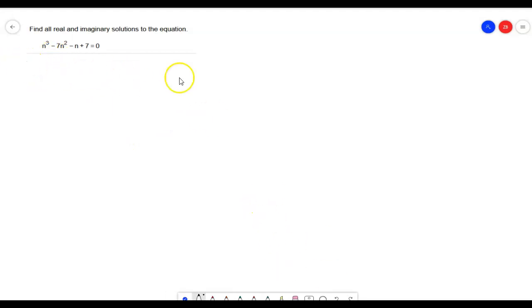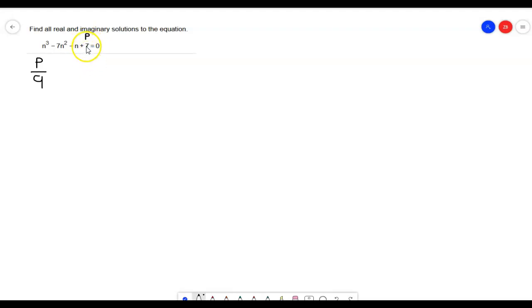So the rational root theorem is a pretty good way to start that, and that's the P over Q. So we look at the last value here, the constant.